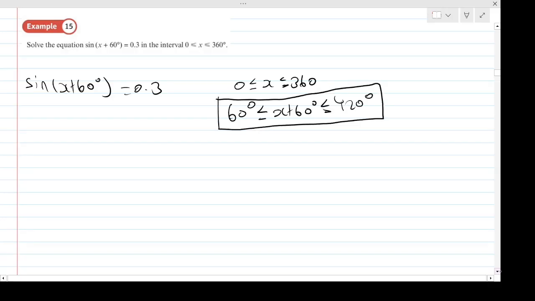Right, so my method's the same then. First I need to do inverse sine of 0.3 to get my first answer. If I do that, I get 17.457 degrees. For our angle, which is x plus 60, this will be the first solution.